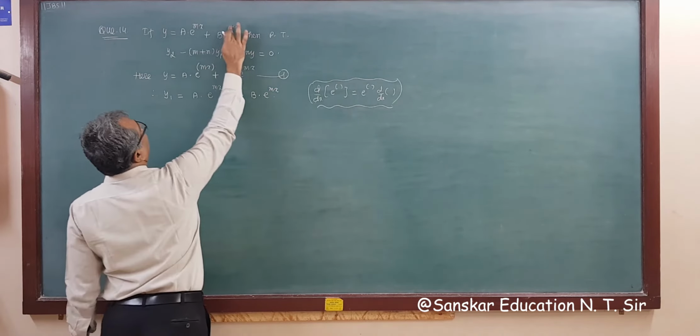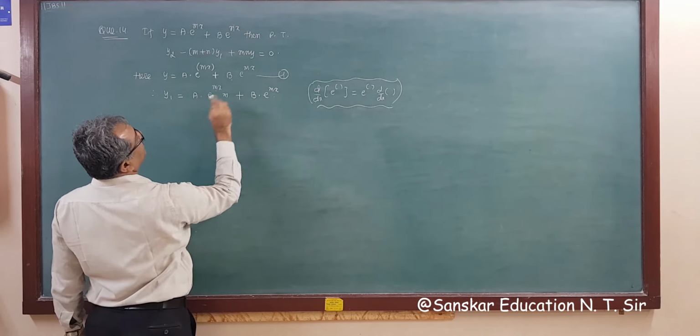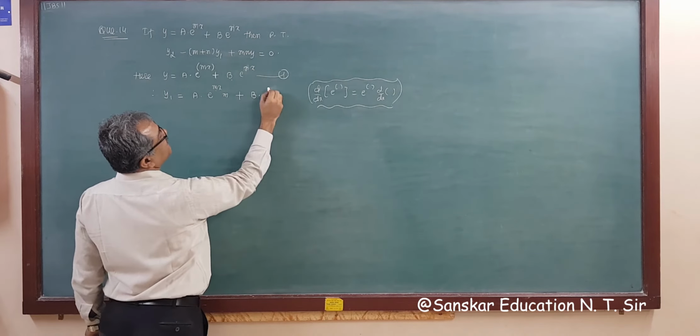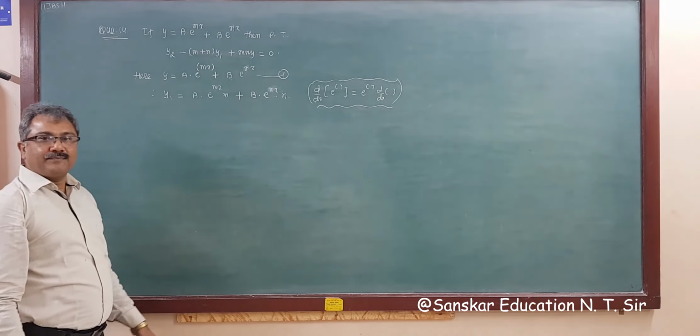The derivative of nx is n, so this is e^(nx) into n.